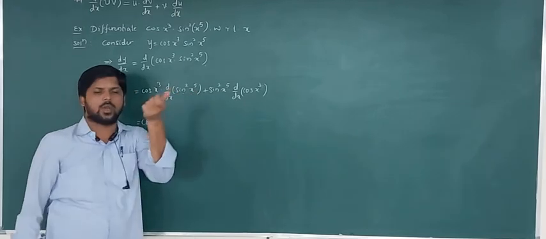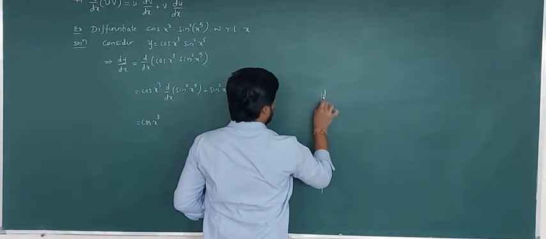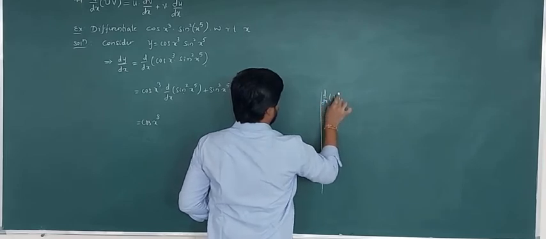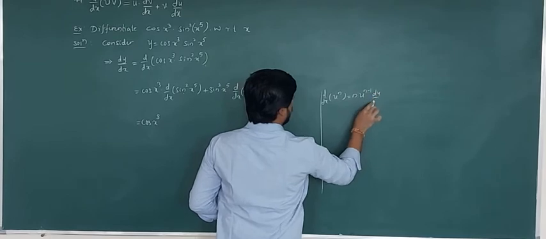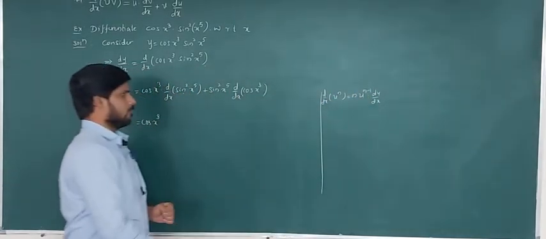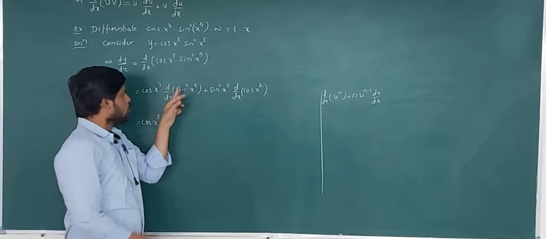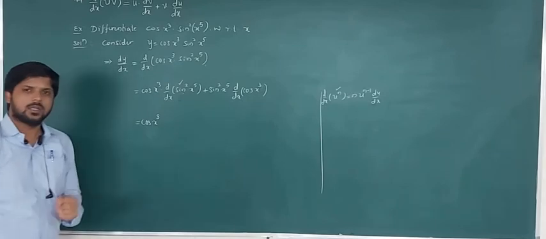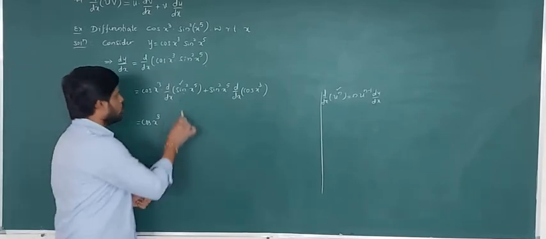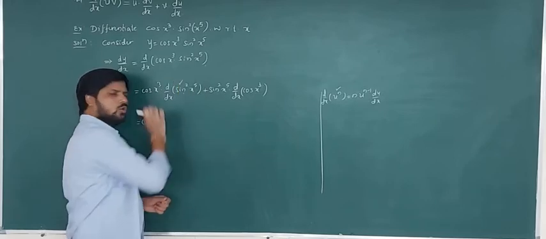Here, the u to the power n formula: we know that d by dx of u to the power n is equal to n into u to the power n minus 1 into du by dx. Here our u equals sin x to the power 5 and n equals 2. Comparing these two, we have u equal to sin x to the power 5 and n equal to 2.